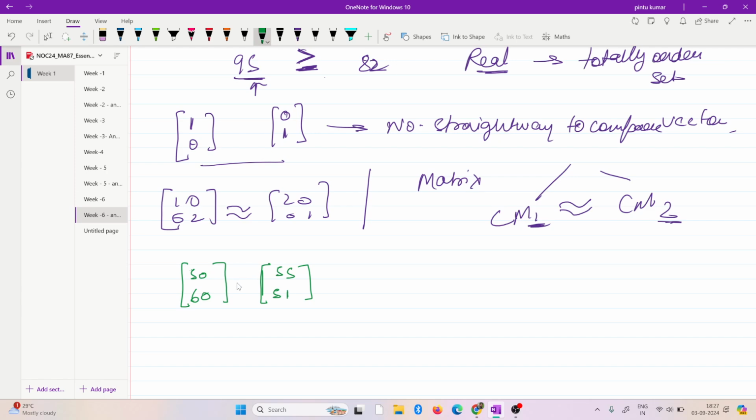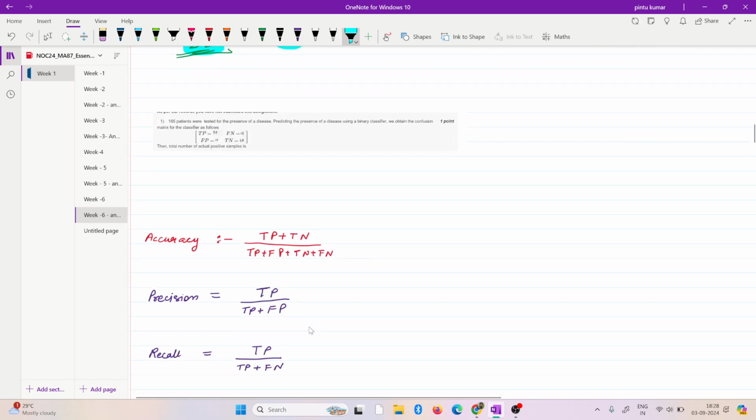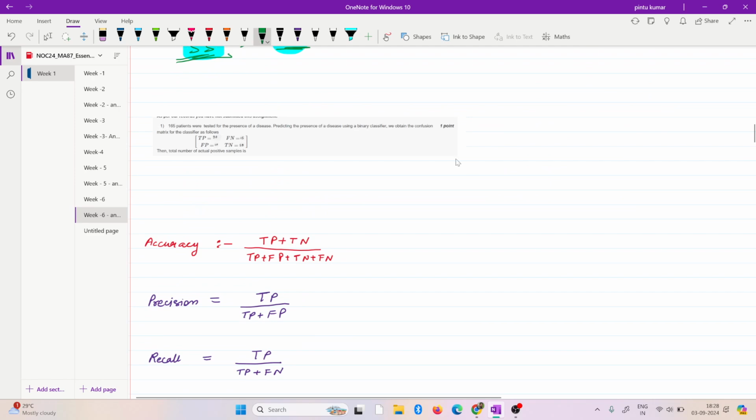Then if somebody asks you who performs better, the most intuitive thing you can do is take the average of these two entries, right? So the first average would be 55. Here there's a difference of 4, so you will have 53 as your average. So then you can infer that the first person has performed better than the second person, right? So what we have done is we have reduced our vector to a single number, and then we have compared them. Okay, so this is the idea behind the definitions that I'm giving. So we will solve this question after I have defined these things.